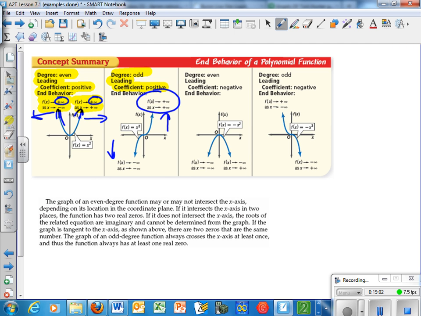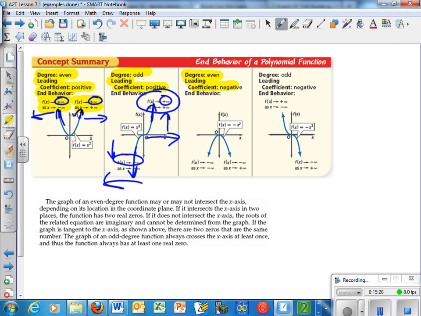The function is going infinitely up as we go infinitely out in the x direction. And it's reversed on this side. The graph is going infinitely down. That's what this says. The function is going to negative infinity as we go out infinitely in the x direction to the left. And then it's just reversed here for degree even.